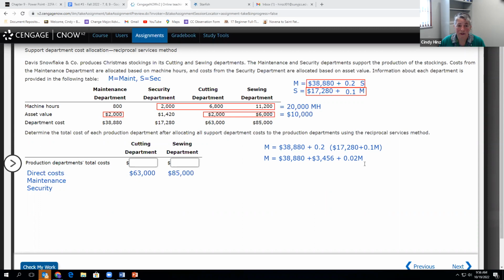The way to get rid of this 0.02 M is to subtract 0.02 M from each side. 1 M minus 0.02 M would be 0.98 M. Then combine the constants remaining on the right-hand side: 42,336. Finally, to get M by itself, I'm going to divide each side by 0.98. That gives me that the maintenance department is $43,200.